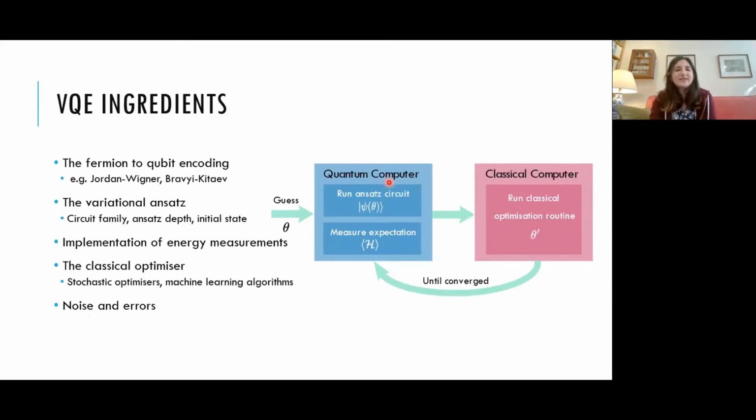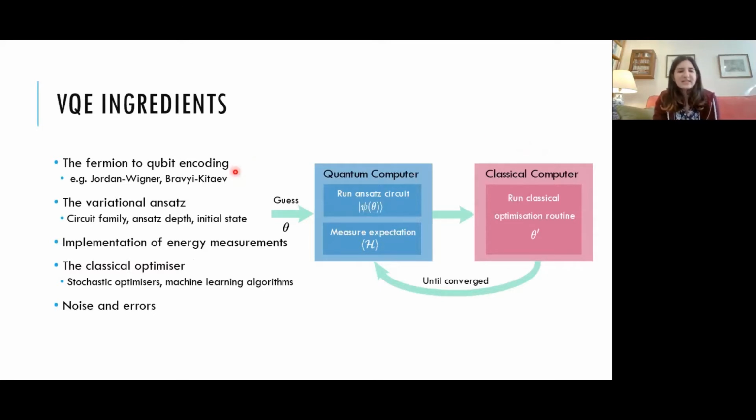There are a couple of ingredients we need to specify for our algorithm. The first is, if you have a qubit fermionic Hamiltonian, we need a fermion to qubit encoding, and there are many we can choose: Jordan-Wigner, Bravyi-Kitaev, Verstraete-Cirac.